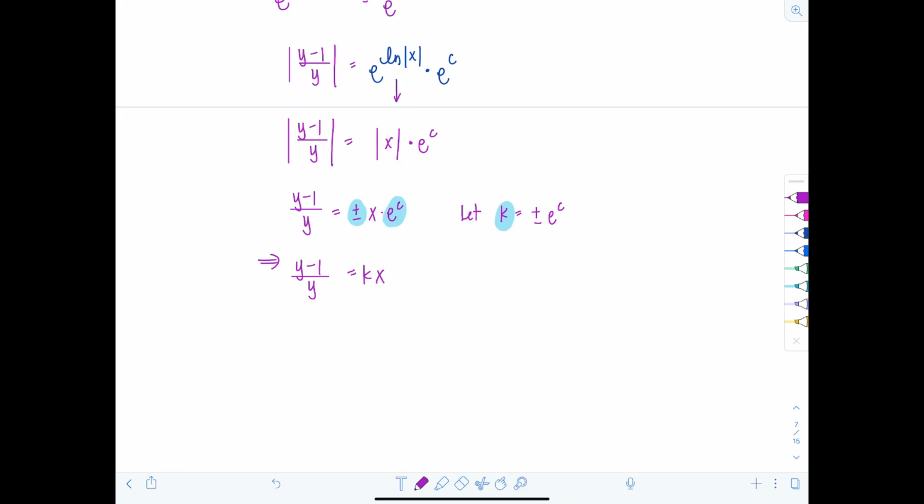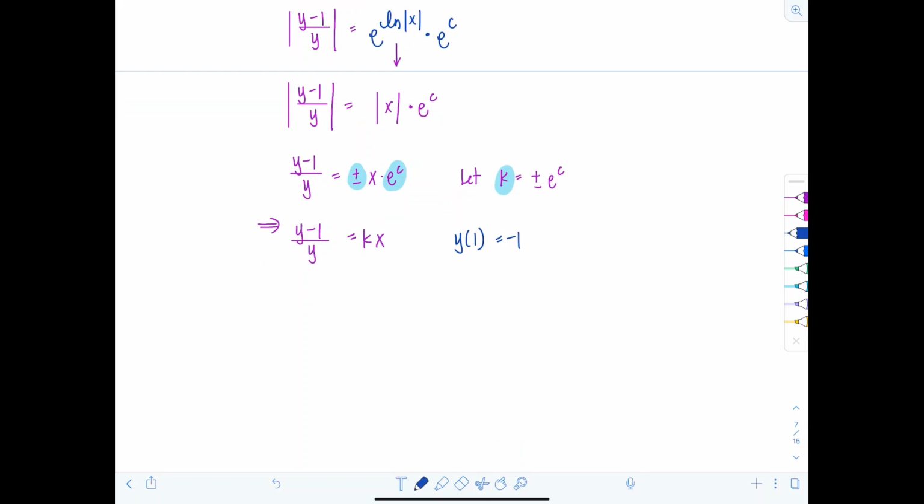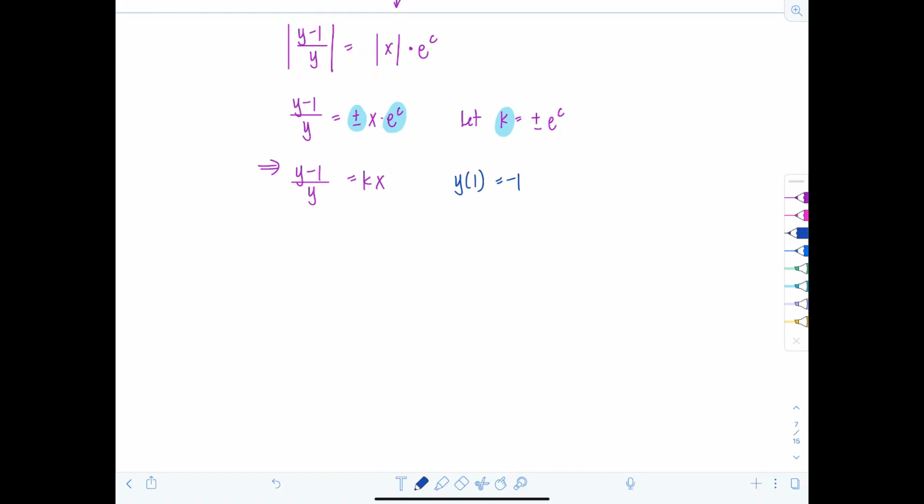All right, now we were asked to use an initial condition, were we not? So we were asked to find the solution that satisfies y of 1 equals negative 1. So now I'm going to substitute in 1 for x, negative 1 for y, into what we have so far.